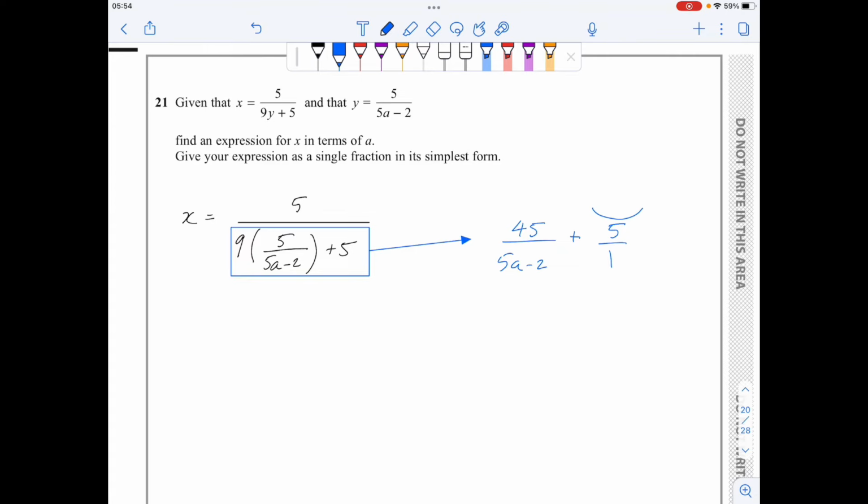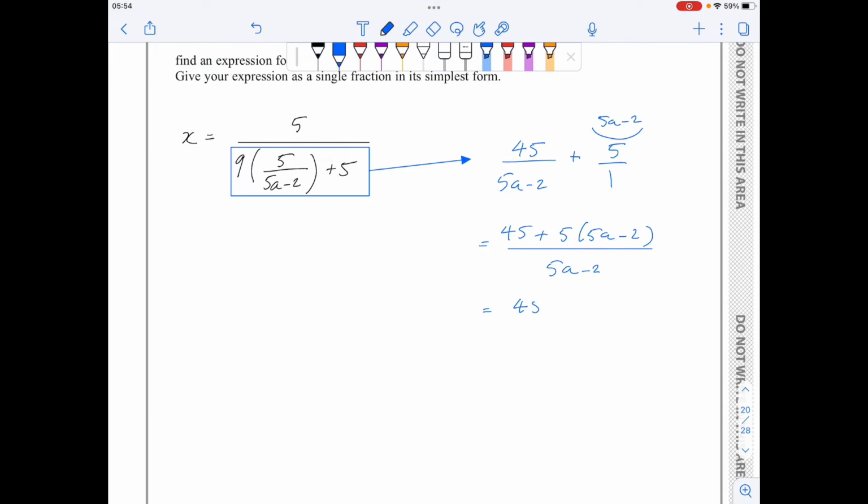Now multiply the second fraction by 5a minus 2. So I get 45 plus 5 times 5a minus 2 over 5a minus 2. Then let's expand this. 45 plus 25a minus 10. Denominator stays the same, which is equal to 35 plus 25a over 5a minus 2.